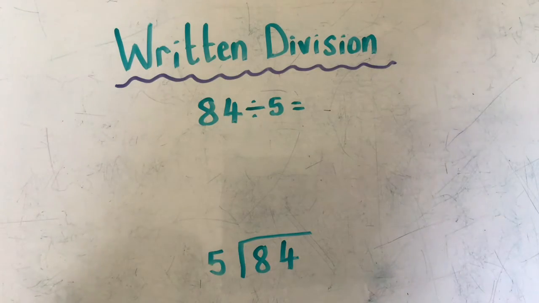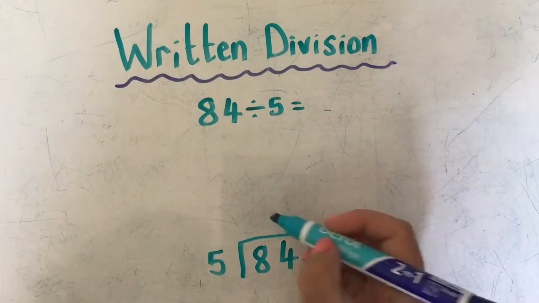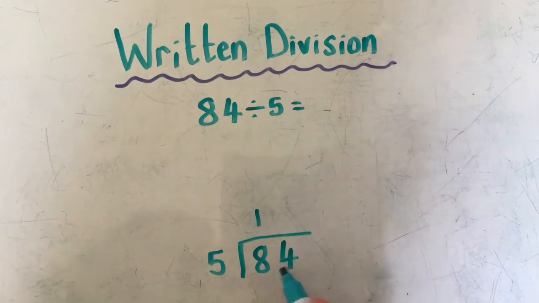So we work through with the same process, working left to right, to see how many times 5 fits into 84. First of all, 5 goes into 8 one time, and we have to carry over 3. Then we have to find out how many times 5 goes into 34.